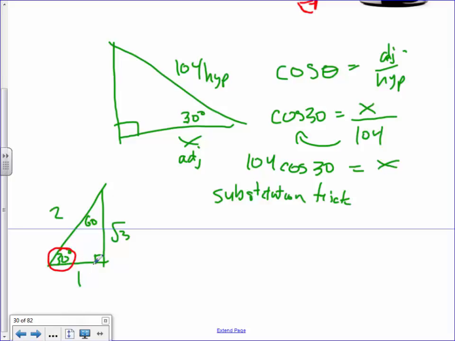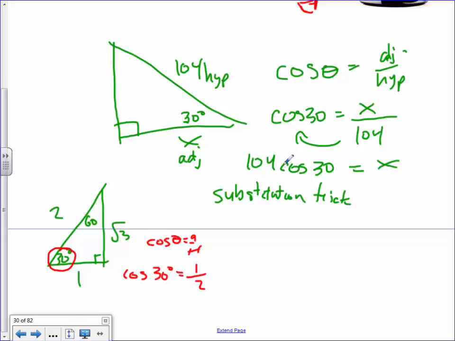Okay, cosine is adjacent over hypotenuse. So cosine of 30 would be the adjacent, which would be 1, over the hypotenuse, which would be 2. Good. This is maybe one of the exceptions where this doesn't need to involve the square root, which is kind of nice.